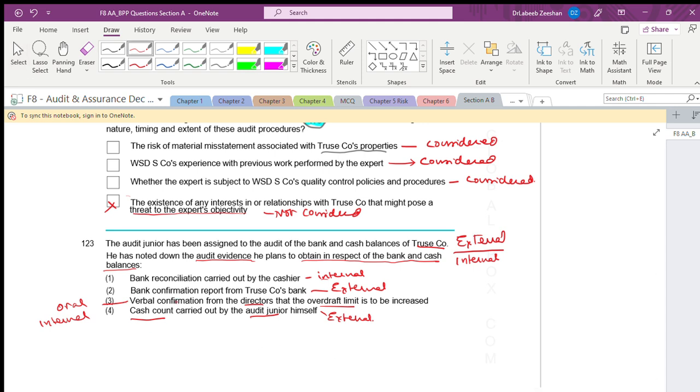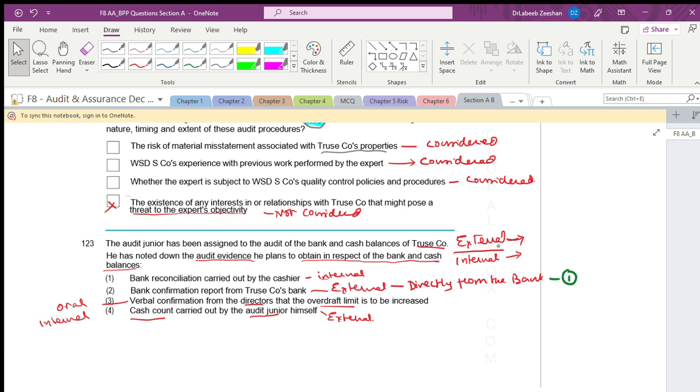Internal is weak confirmation, external is strong. When we get an external confirmation directly from the bank, this confirmation will have the highest priority.